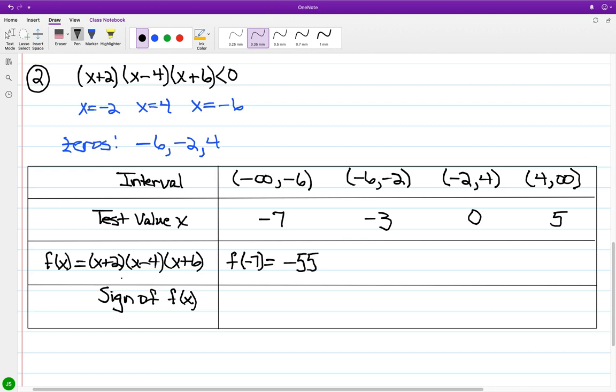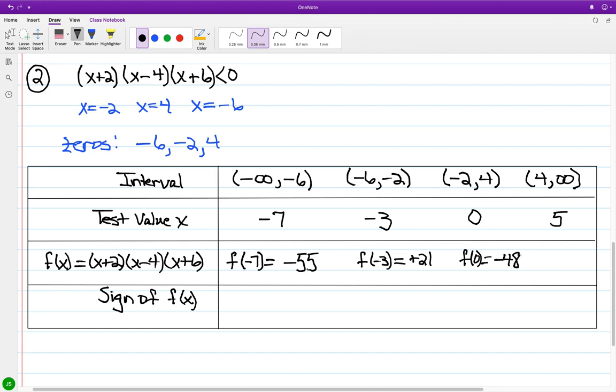In the case of -3, -3 plus 2 is -1. -3 minus 4 is -7. -1 times -7 is going to be a positive 7. And then we have times 3. So for f of -3, this will be a positive 21. In the case of f of 0, we have 2 times -4 is -8, times 6 is going to be -48.